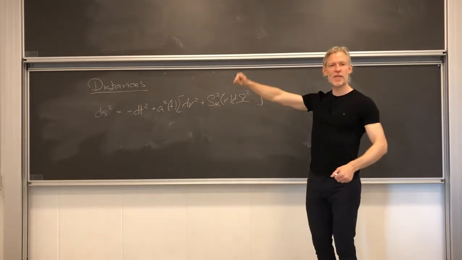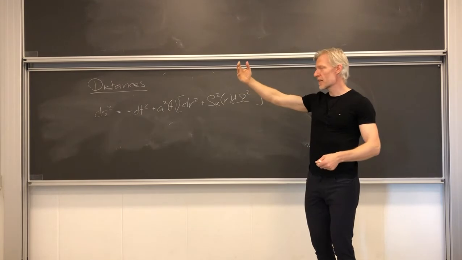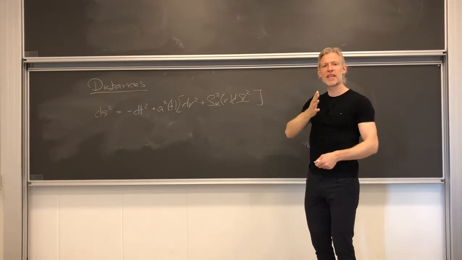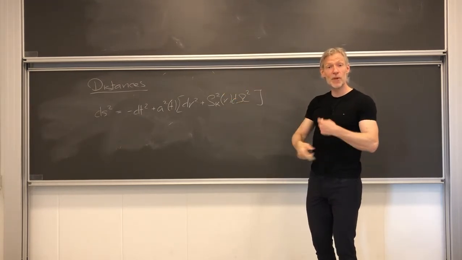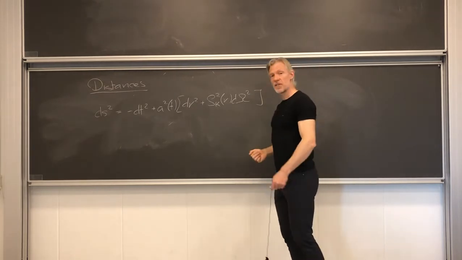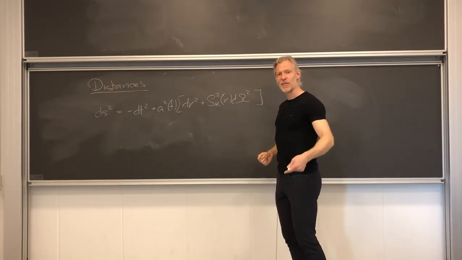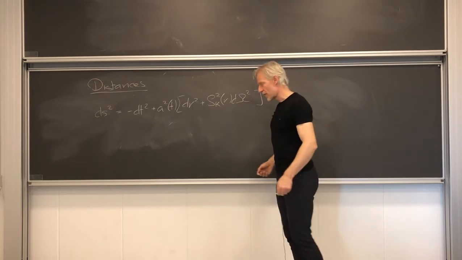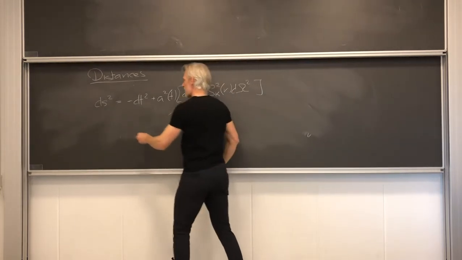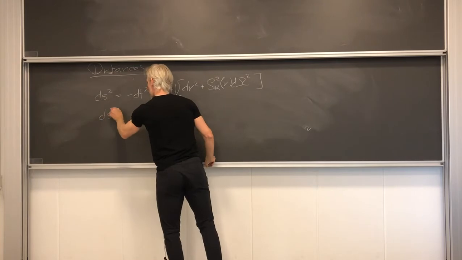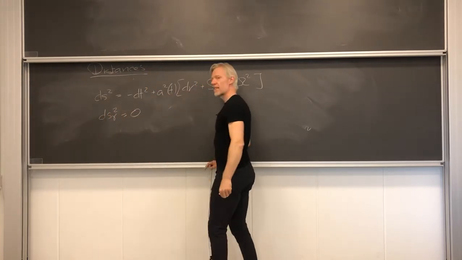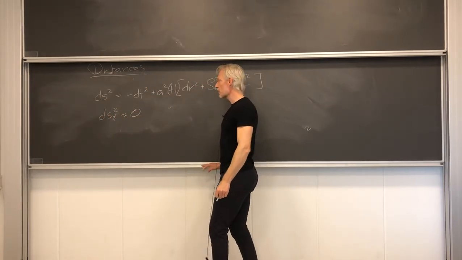I imagine I have a bright object that shines light. This light propagates towards me, the observer. Then we know that because they are photons, they are massless particles, they propagate on null geodesics. That's exactly what happens, right? They propagate at the speed of light. And that means that we can always use the fact that ds squared is equal to 0 for a photon.